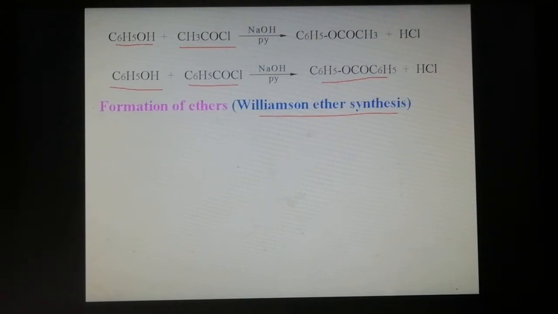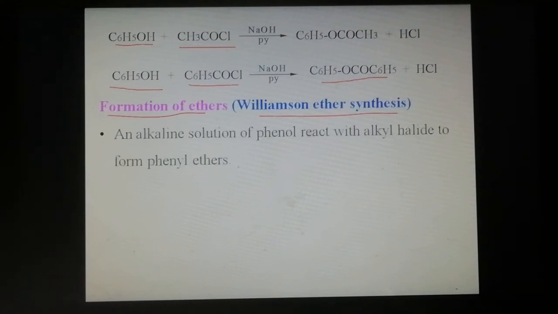So reactions involving the OH group: first, formation of ether, the Williamson ether synthesis, another important naming reaction. An alkaline solution of phenol reacts with an alkyl halide to form phenyl ether.